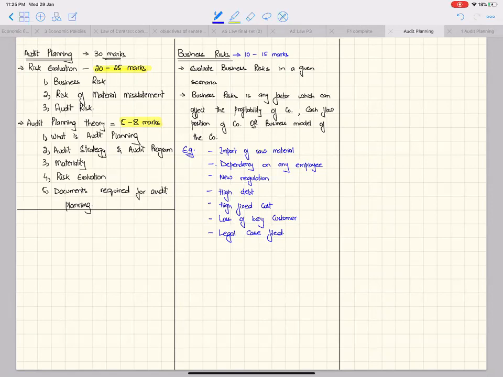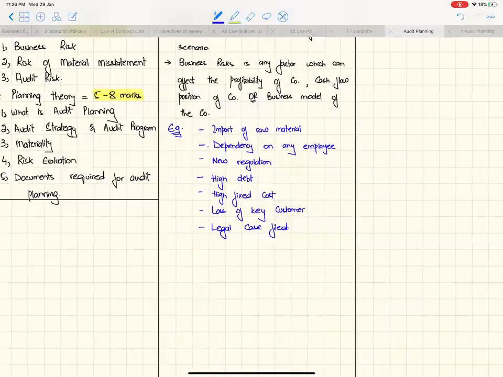Like if I'm dependent on some customer, it's a business risk, because if that customer switches, then my business will not be sustainable. If a new regulation is introduced, it is a business risk that I may not be able to comply with it. Competition in the market is a business risk. Loss of reputation is a business risk. Any factor which can affect my cash flows, my profitability, my business model or the sustainability of my business will be regarded as a business risk.